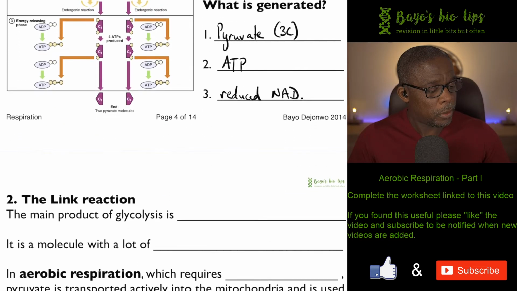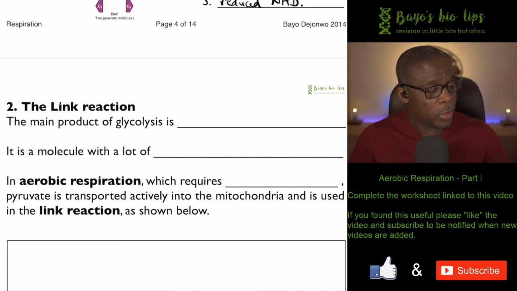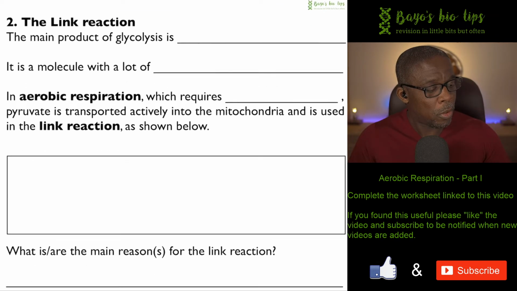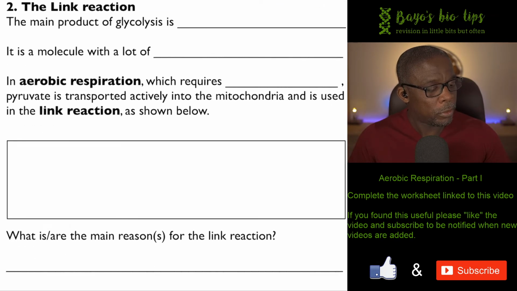So let's now go on to the second stage of aerobic respiration, which is called the link reaction. So the main product of glycolysis is pyruvate. Sometimes you'll come across it being called pyruvic acid.